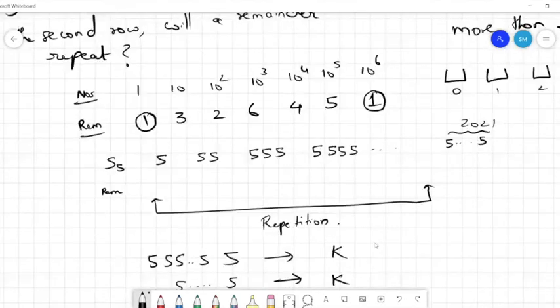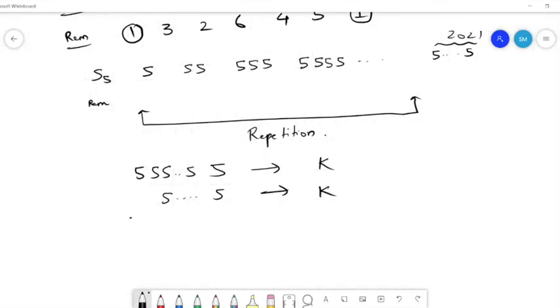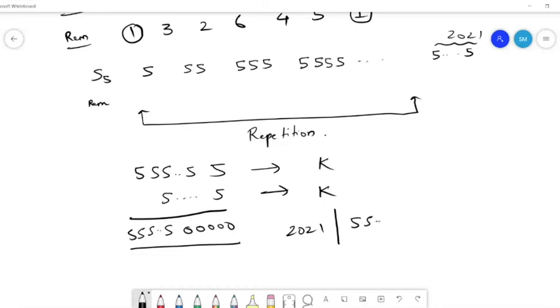So you can take the difference of any two terms having the same remainder, and that difference will be of the form 5, 5, 5, 5 followed by zeros.